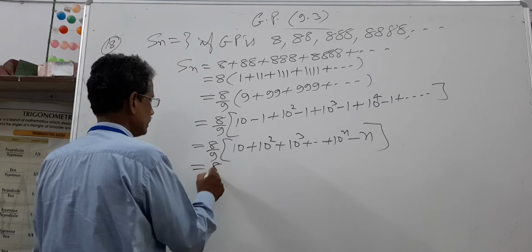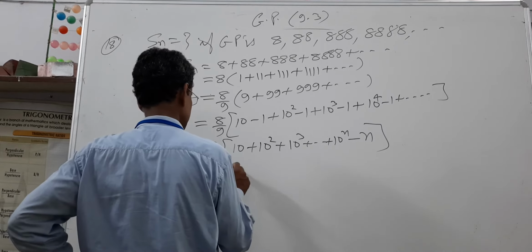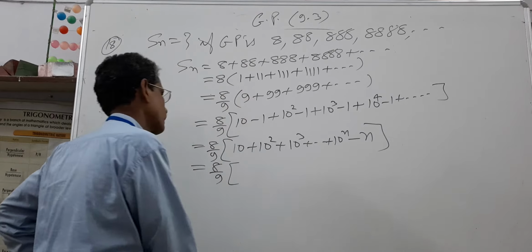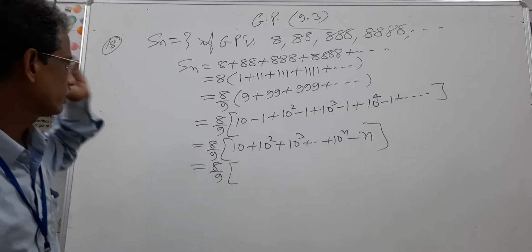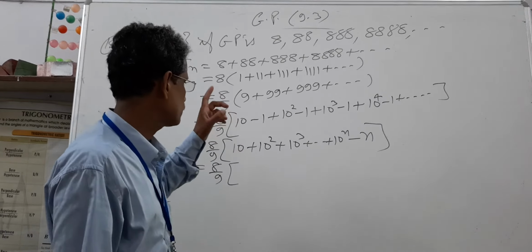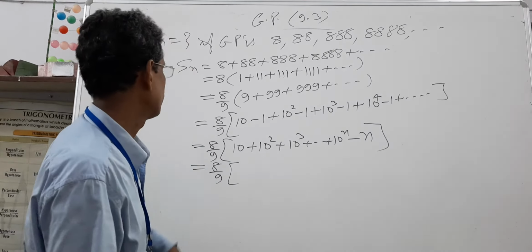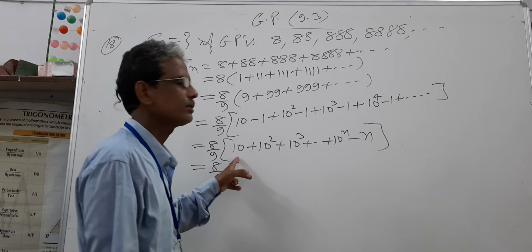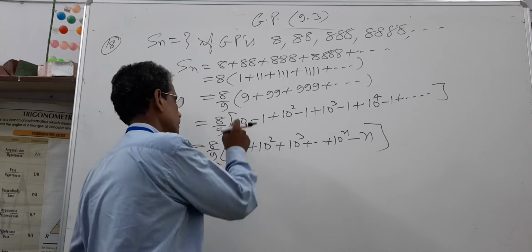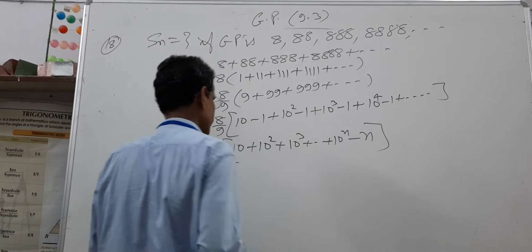This is equal to 8 by 9 into, this is a GP with first term 10 and common ratio also 10, as 10 is multiplied again and again. First term 10, common ratio 10, number of terms n, 10 power 1 to 10 power n.